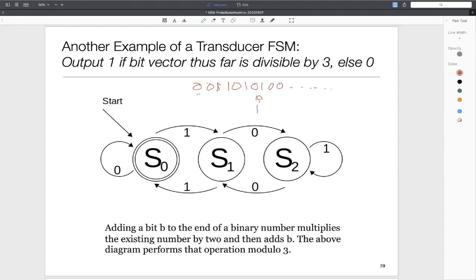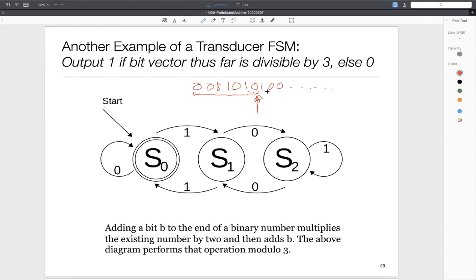I'm going to think of that as a binary number, with the first 0 being the MSB and the latest bit I got as the least significant bit. And I'm basically going to ask, is this number divisible by 3? If it is, then I'm going to output 1. And I'm doing this at every time step.